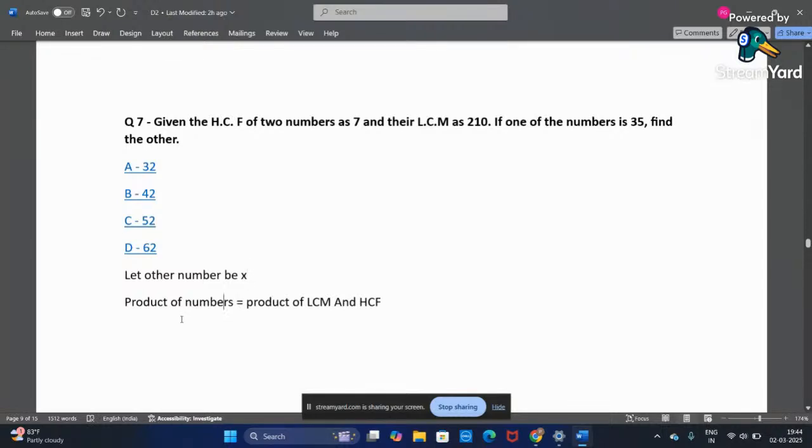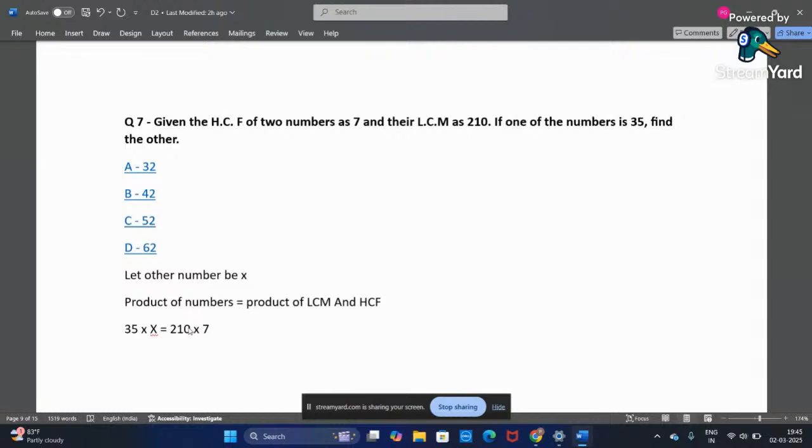So product means you have to multiply. One of the numbers is 35, into the other number we don't know, we need to find that. So let us take it as X. So then what is the LCM of these two numbers? LCM is 210, into HCF, it is 7.